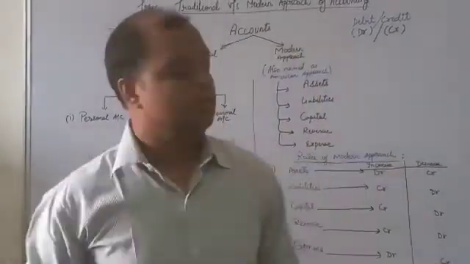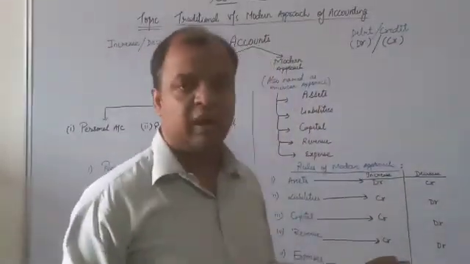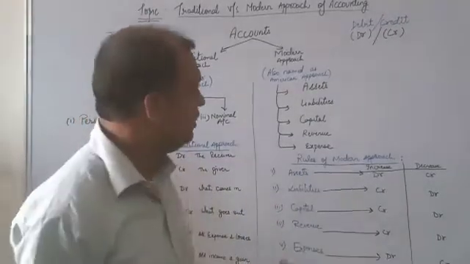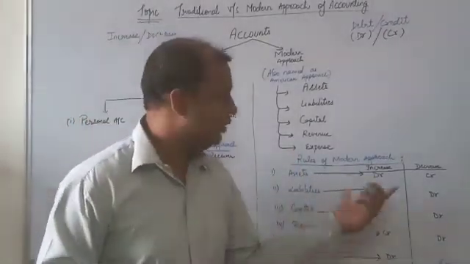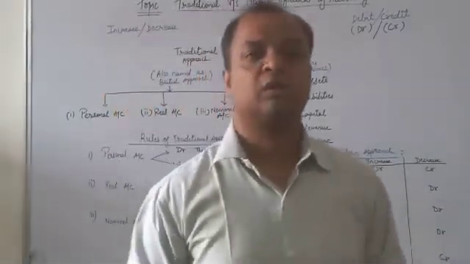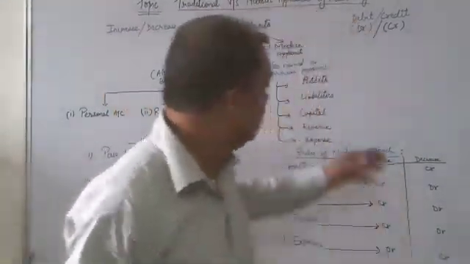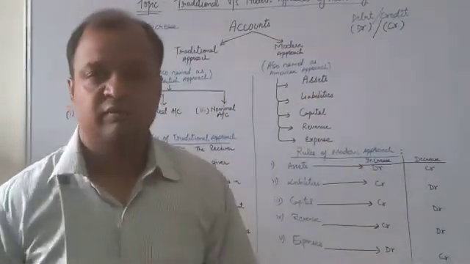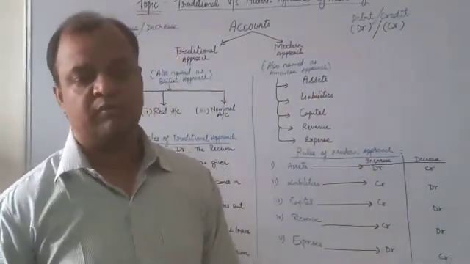We need to learn and remember these impact, and then in my later video I will explain with a transaction how it is going to impact the increase and decrease effect in the questions. This is to remember and understand, which we will apply in further topics with the help of questions.